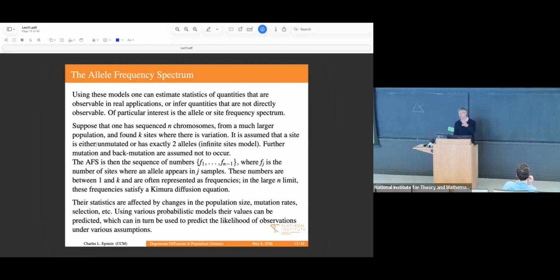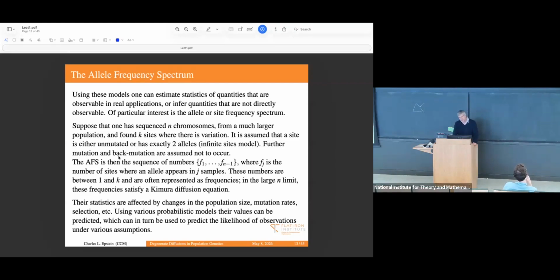And that's part of why we get to use the Wright-Fisher model to study it. This is what's called the infinite sites model. So further mutation and back mutation are assumed to never occur. That is, you have infinitely many sites, and with some probability you'll get a mutation at a site, but the probability of getting two mutations at a site is 0.